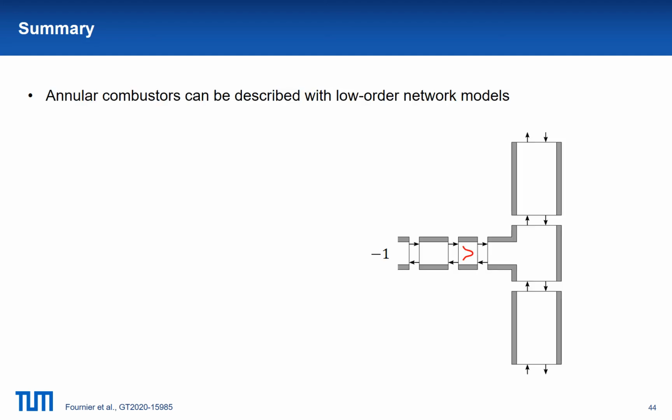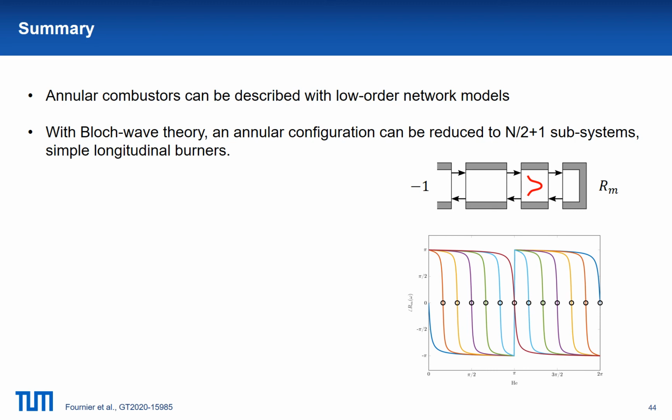To summarize, here are the four main takeaways of this presentation. The annular combustors can be described with low-order network models. By using Bloch wave theory, an annular configuration can be reduced to n/2+1 subsystems that are simple longitudinal burners.